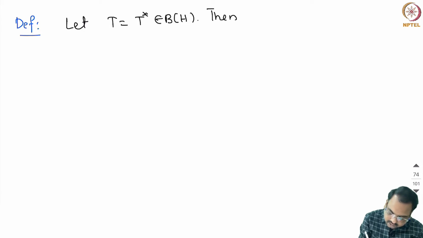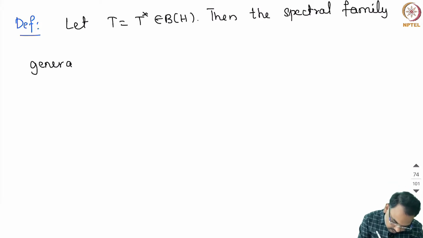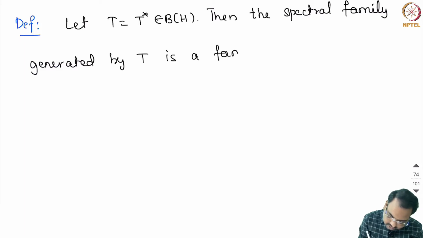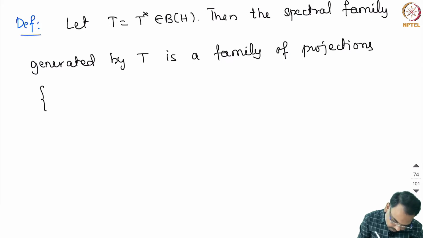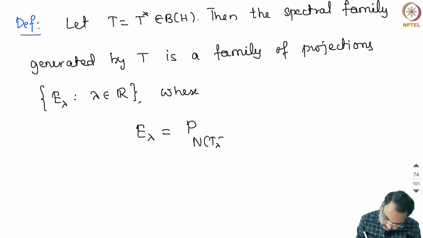Then the spectral family generated by T is a family of projections E lambda, where lambda is coming from R, where E lambda is exactly the projection onto the null space of T lambda plus.